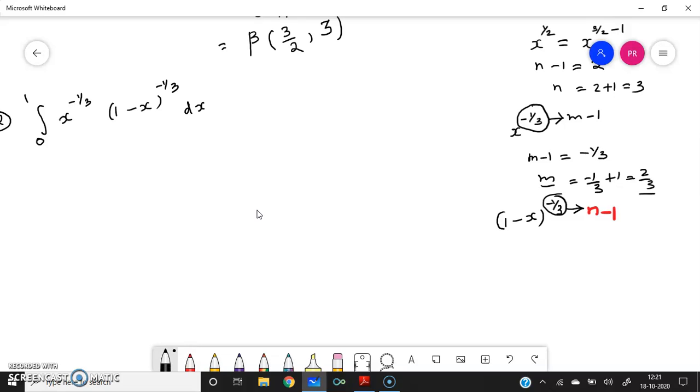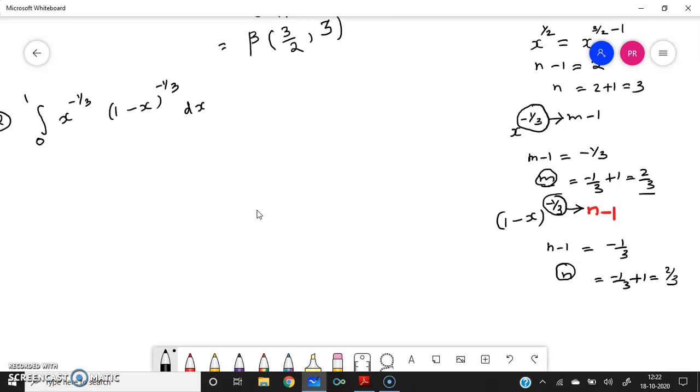What is my n minus 1? N minus 1 is minus 1 by 3. So n equals minus 1 by 3 plus 1. It is nothing but 2 by 3. So I got the value of m, and I got the value of n.